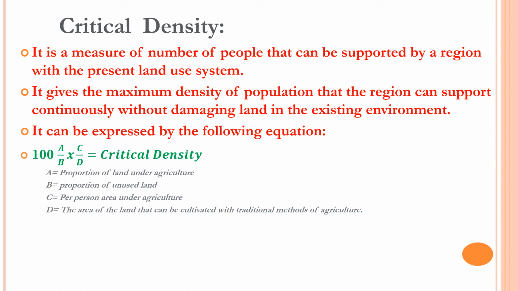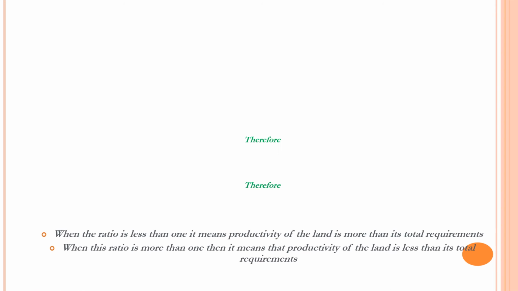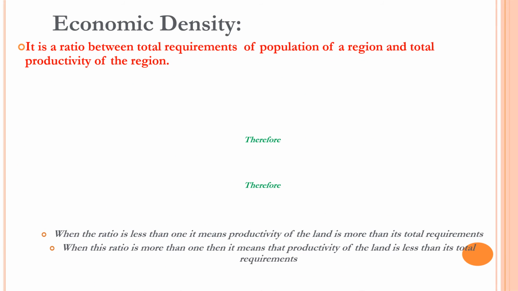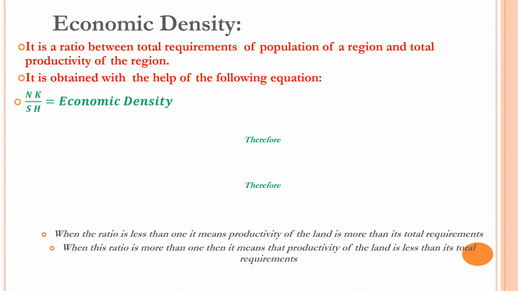Now go to the next density type, economic density. Economic density is the ratio between the requirement of the population of a region and the total productivity of the region. It is calculated with the following equation: NK divided by SH.